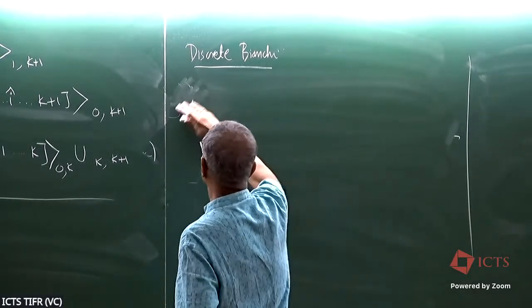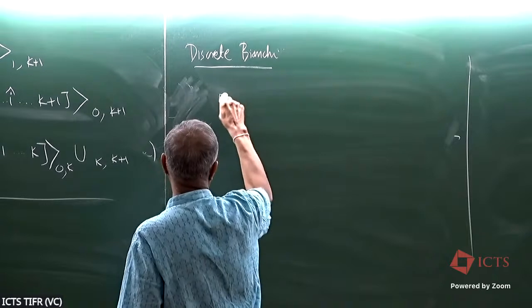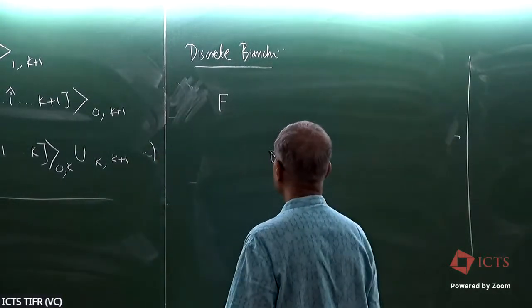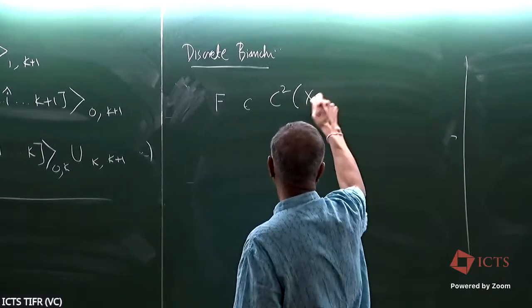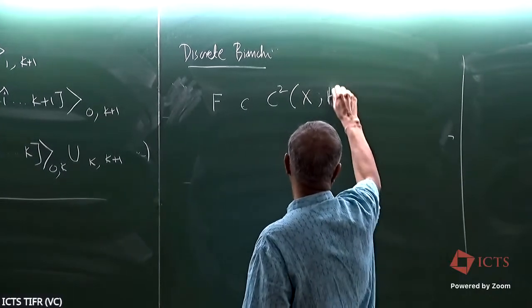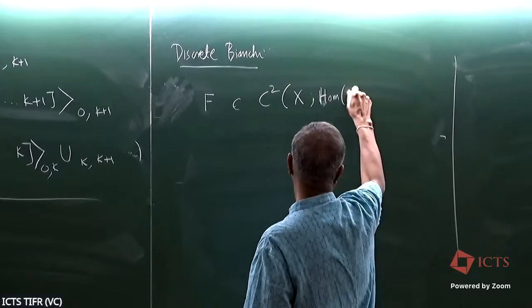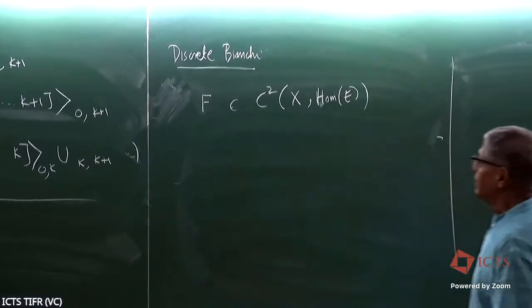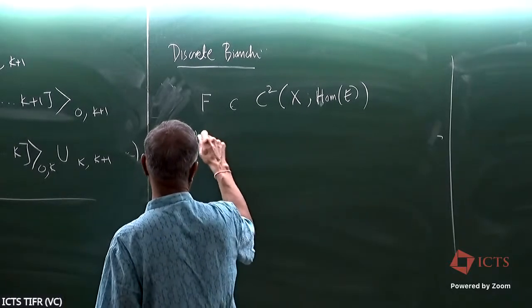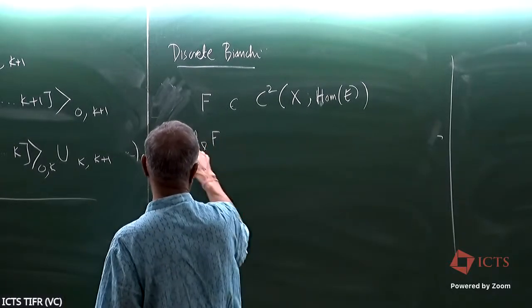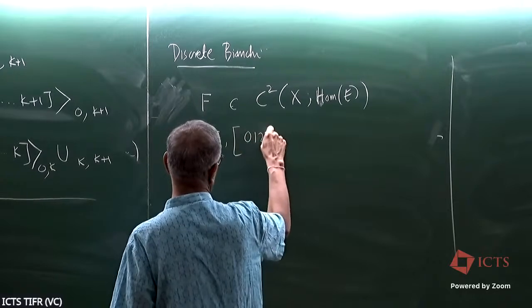So we have our curvature homomorphism, which is a two form and homomorphism valued. And we want to do the D nabla of that. So it will be a 3 form. So we should evaluate this on a tetrahedron.